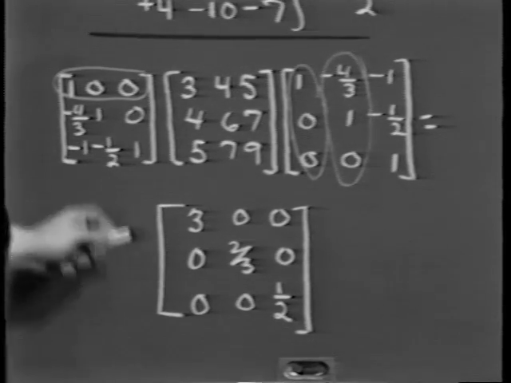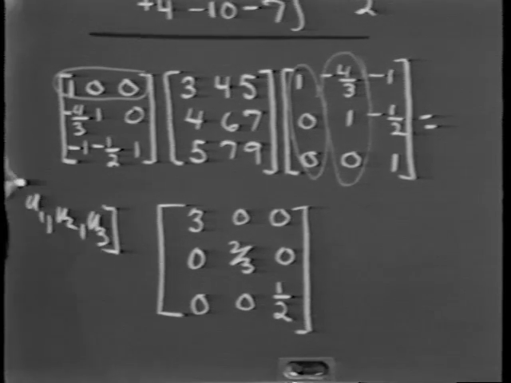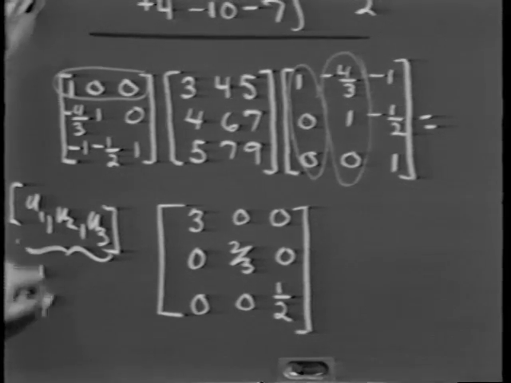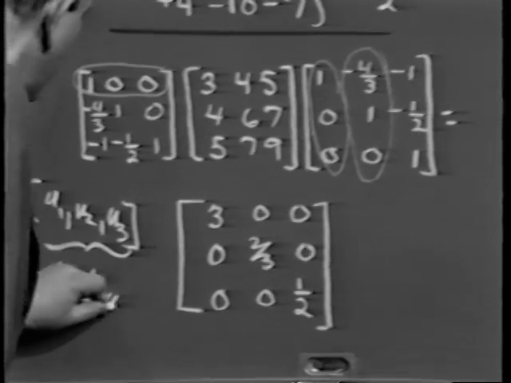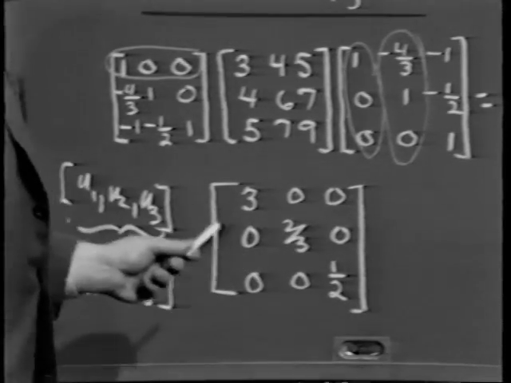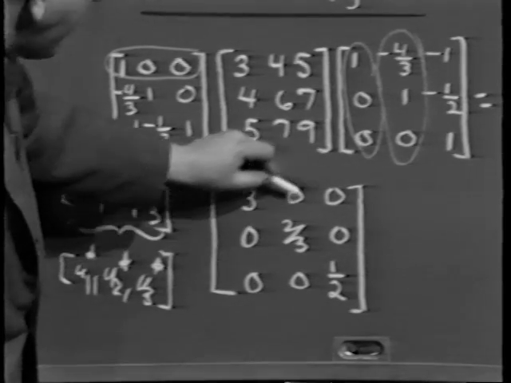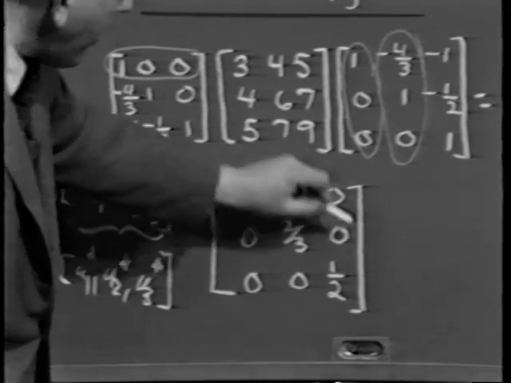In other words, if we change our basis from u1, u2, and u3 to u1 star, u2 star, u3 star, notice that the new matrix that we get is a diagonal matrix. It's our way of saying that when you dot two different vectors, the dot product is 0.